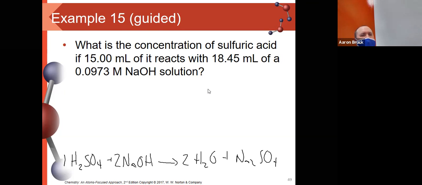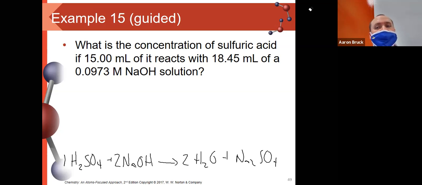Since this is a titration, since we are talking about a calculation here involving one solution being compared to another, I can use the titration equation.